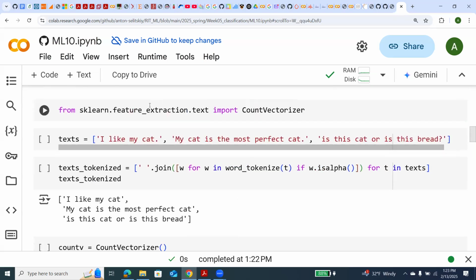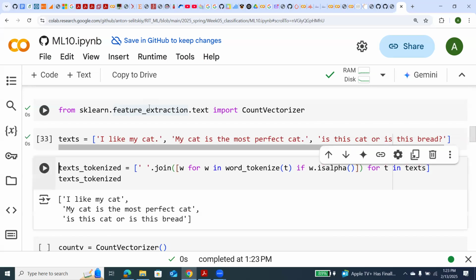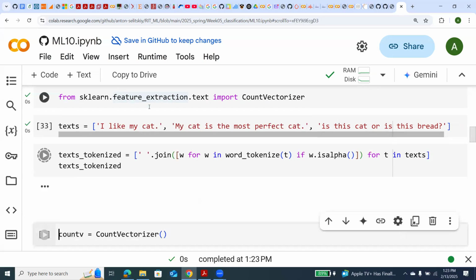Now, bag of words. The built-in function count vectorizer will return the count of every token in your corpus, in the entire data set of your texts. So in this toy example, I have three sentences. I like my cat.